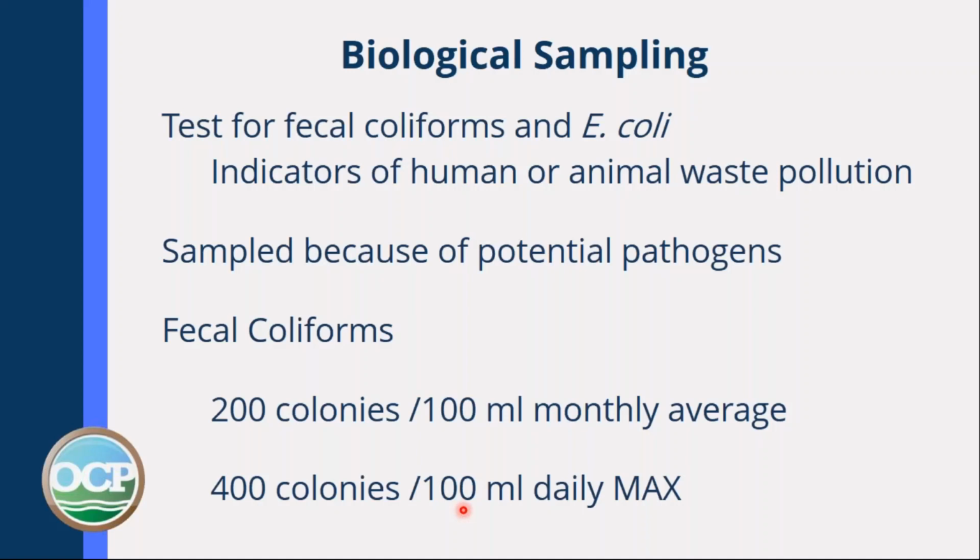They are potential pathogens, and the limits for fecal coliforms are 200 colonies per 100 mils as an average, and as a daily maximum 400 colonies per 100 mils. And each of these colonies is expected to represent a single bacteria.